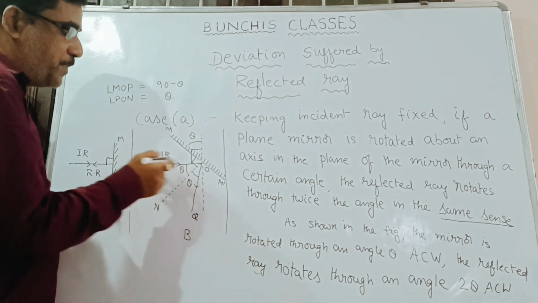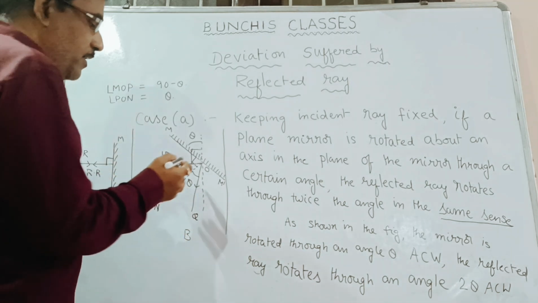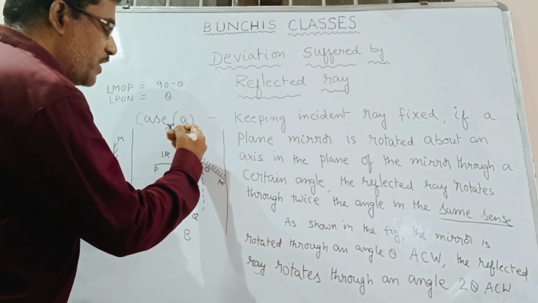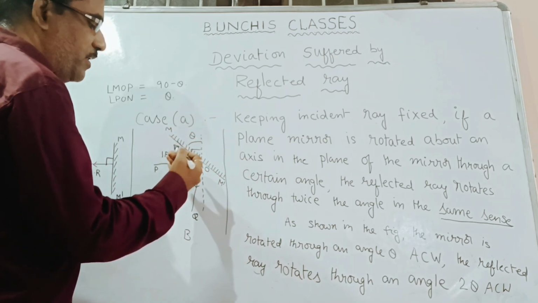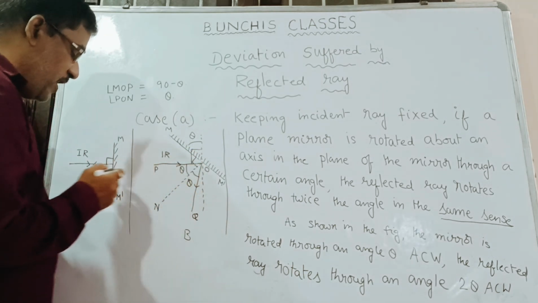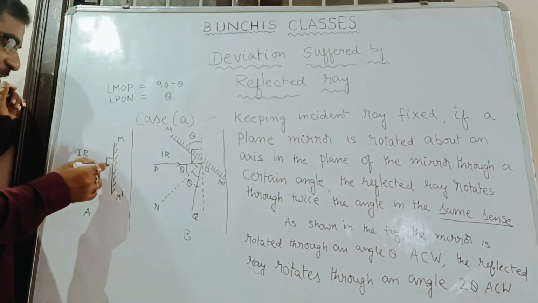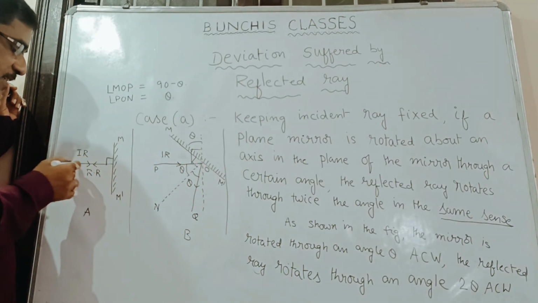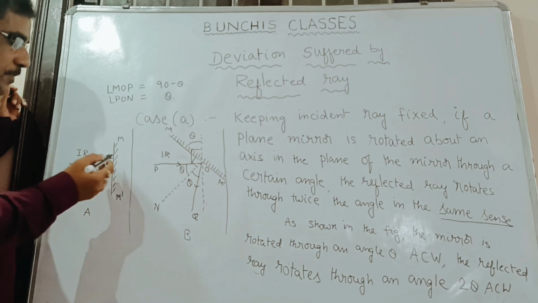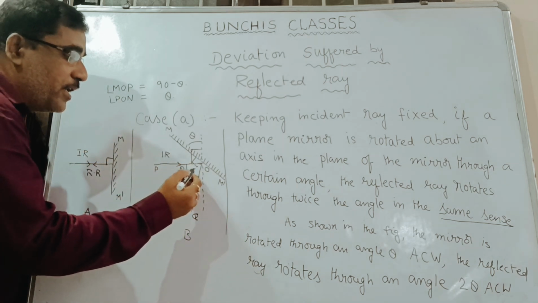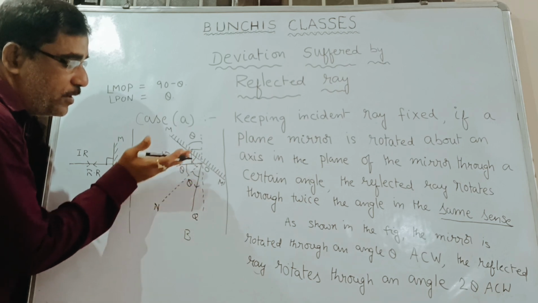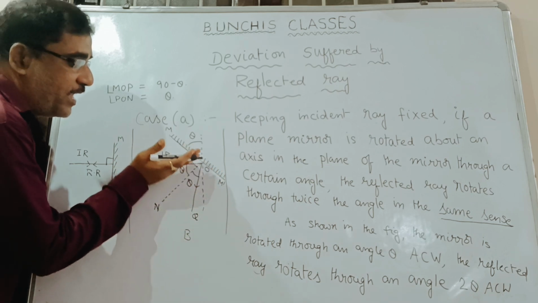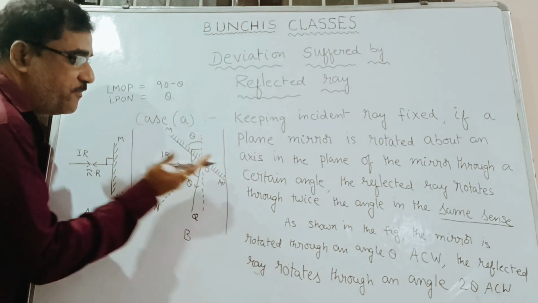So you observe that when the mirror is rotated at an angle theta in anti-clockwise direction, the reflected ray, which previously traced the same path, has now moved theta plus theta, 2 theta angle, in the same sense.